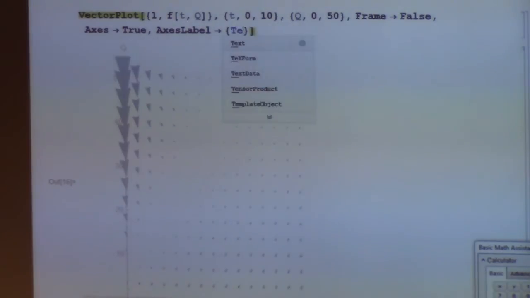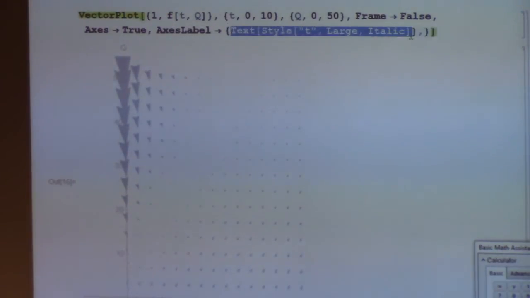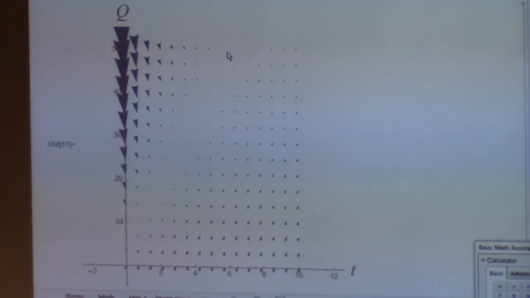If you do this, Text, Style, t in quotes, and then put comma, Large, Italic. That'll make t large and italic. Do the same kind of thing for q in this case. So again, usually it'll be a y. There we go. Now t and q are large and italic. So it looks nice.